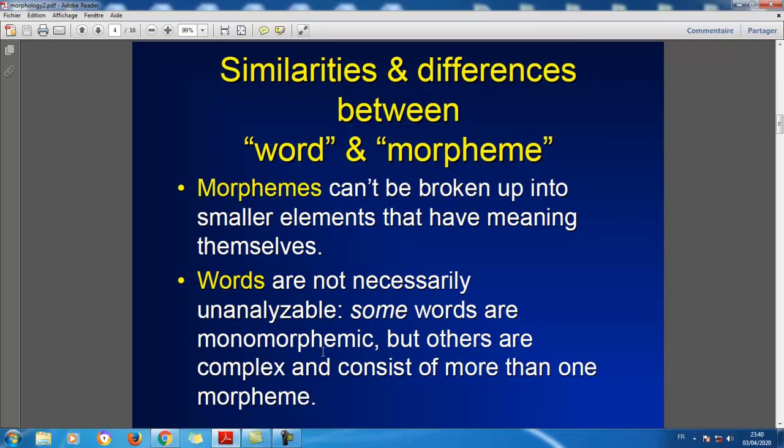Some words are monomorphemic, but others are complex and consist of more than one morpheme. What does this mean? It's possible to analyze words in terms of their components, those smaller units that compose them. So morphemes cannot be broken further, but words can be divided further into smaller units. So in fact this can help us understand this distinction between morphemes and words.